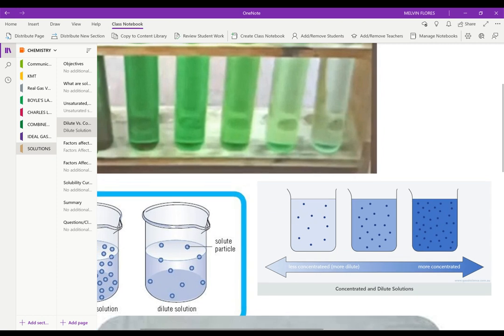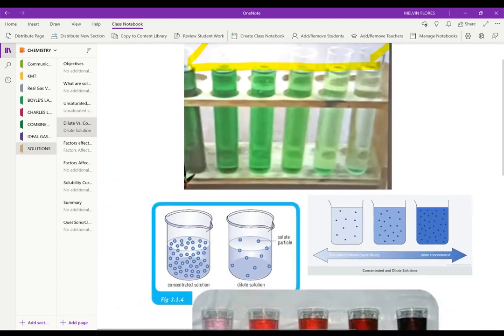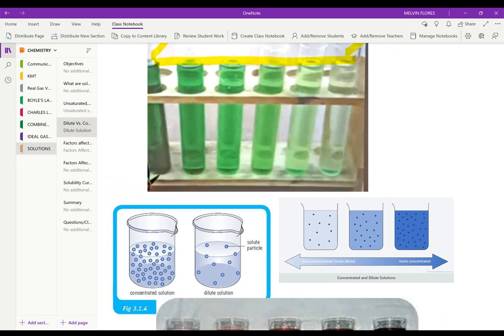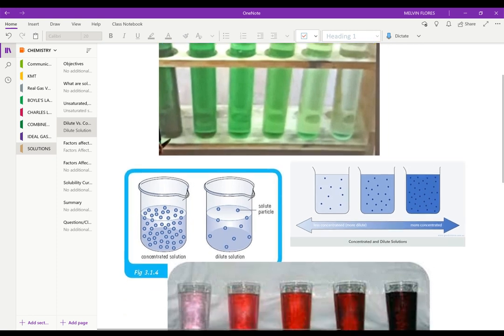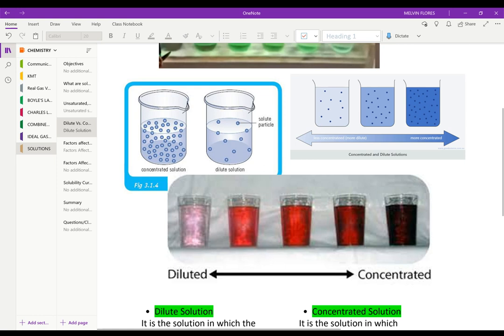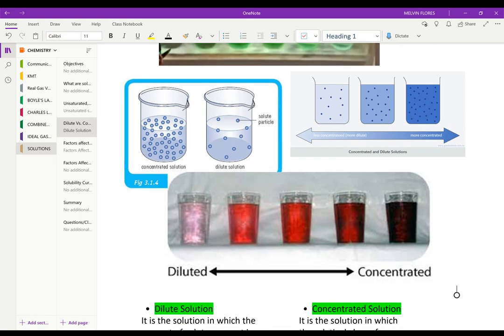That is why the less colored one indicates there are fewer particles in this solution, which is dilute. We call it diluted, okay? And the more concentrated gives you the darker color because of more particles of the solute dissolved in the solvent. So the darker the color, the more concentrated and the more particles in it.